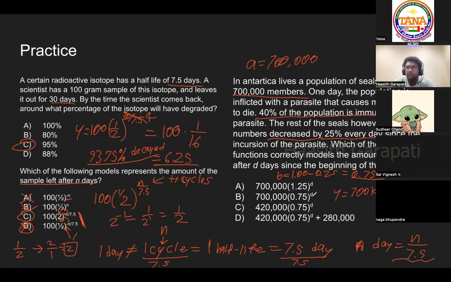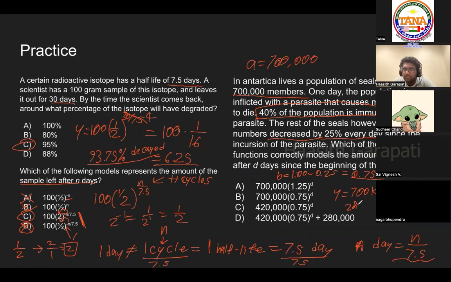Now, the thing is, there's an issue here. They're asking what's the starting population, but 40% of the population is immune, which means 40% of them are not going to die. So there's only a part of the population being affected by it. So we need to take the 40% that are not getting affected by it, and separate them from the 60%. What is 40% of 700,000?